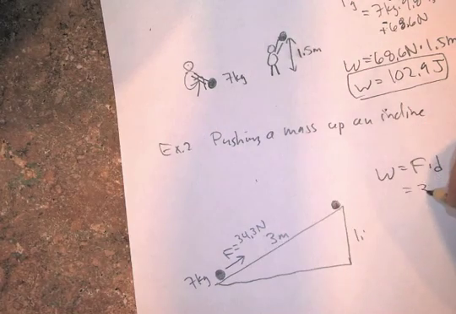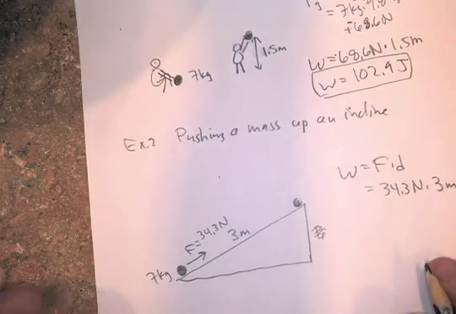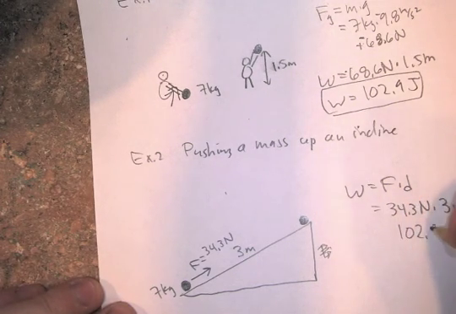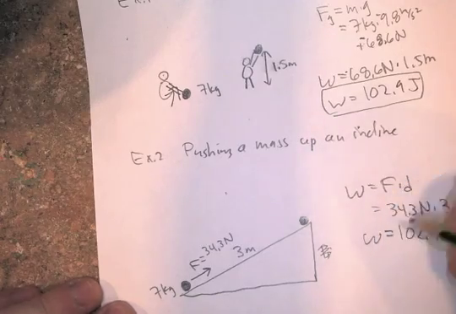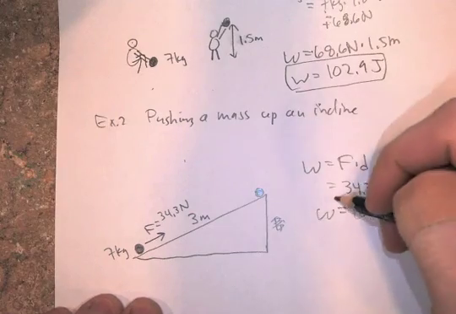Applying a force of 34.3 newtons for 3 meters. Forget this over here, sorry. Okay, so that comes out to 102.9 joules. Okay, not really a coincidence. I kind of did that on purpose as far as these coming out to the same answer.